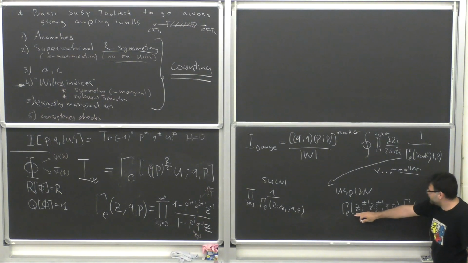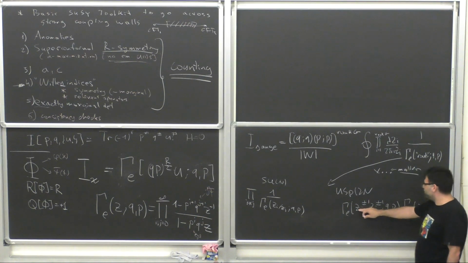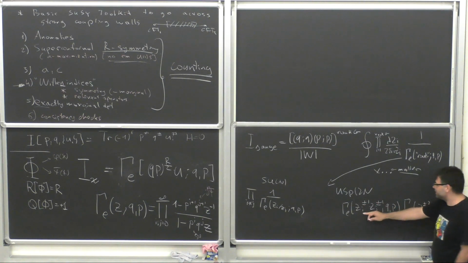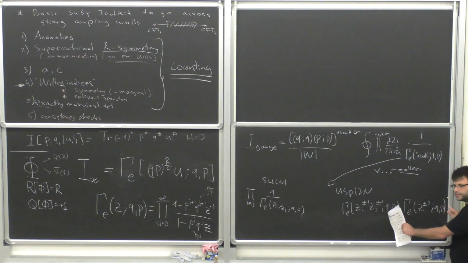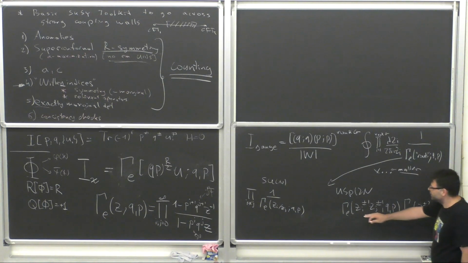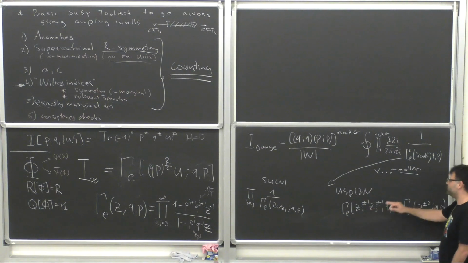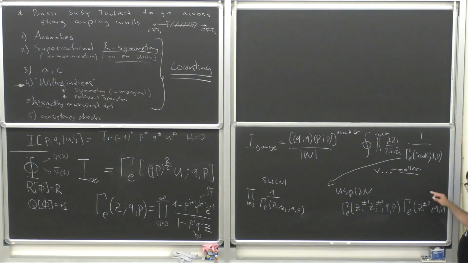When I write arguments of gamma functions in this form, like I have plus minus 1 in various places, what I will mean is that I will need to take all the choices and multiply them. So what this means is that I take gamma of z_i times z_j, multiply it by gamma of z_i to minus 1 z_j, multiply it by gamma of z_i z_j minus 1, and so on.